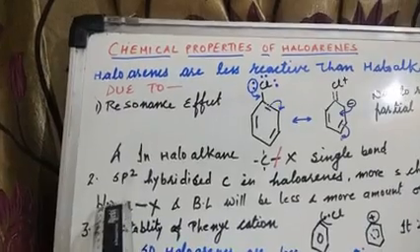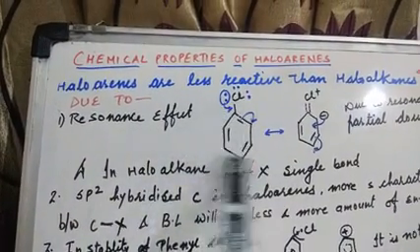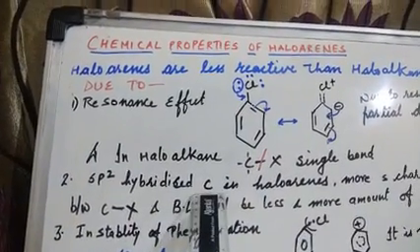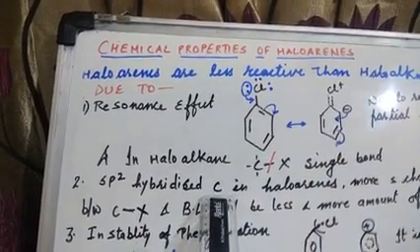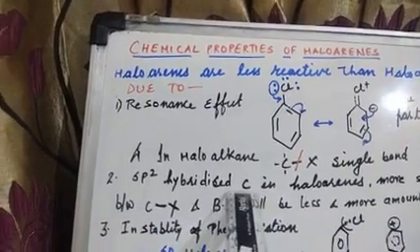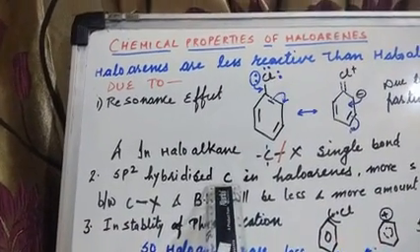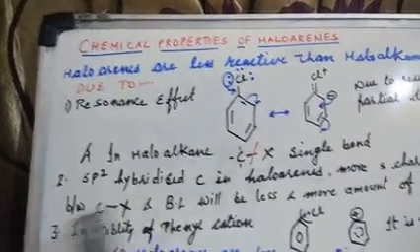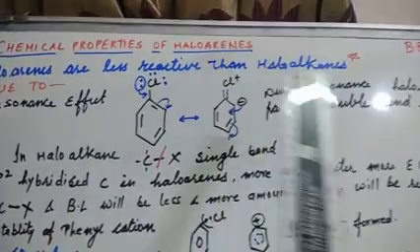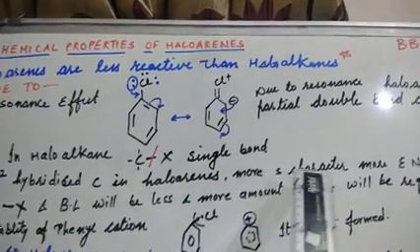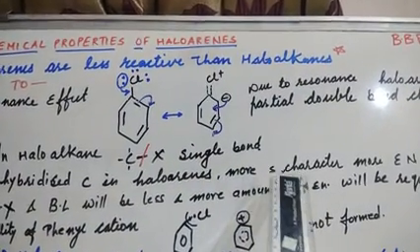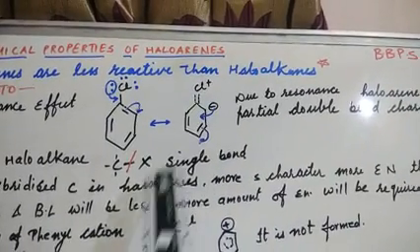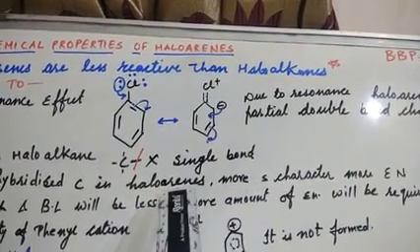Second reason, as you know, every carbon in the benzene ring shows sp2 hybridization. So sp2 hybridized carbon is the second reason. What is happening if carbon shows sp2 hybridization? If sp2 hybridization is there, the S character is more. While in haloalkanes, sp3 hybridization is there. sp3 means S character is only 25% and P character is 75%.